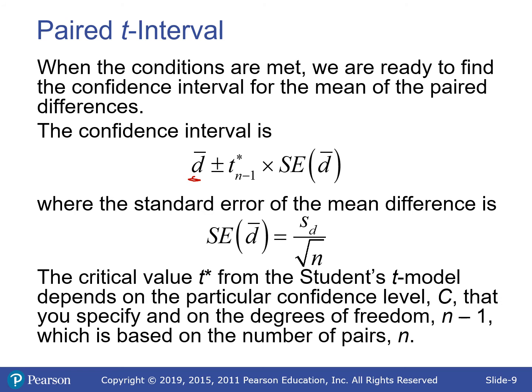You choose your confidence level, and it'll give you your interval. The interval means exactly the same thing as the intervals have meant since we started doing intervals. I am 95% confident that the mean difference between the two scores is between this and this. If the interval includes 0, that's generally not good. That means that there was not really a change.